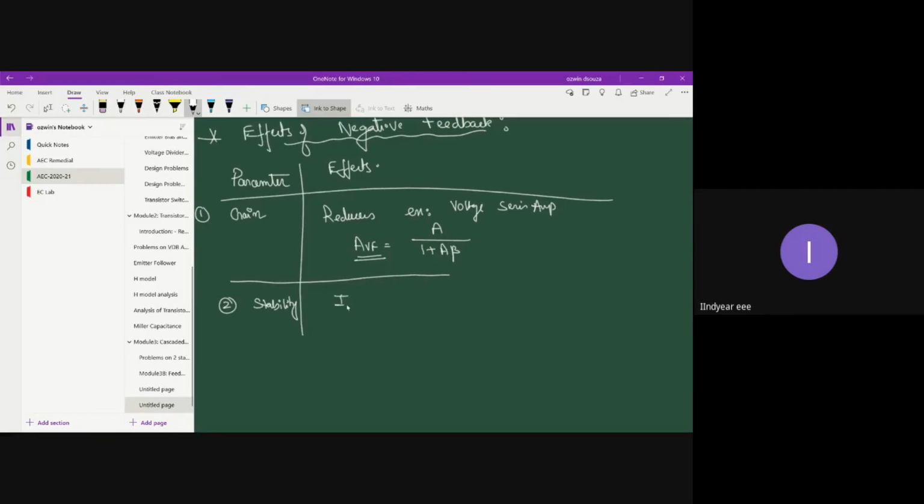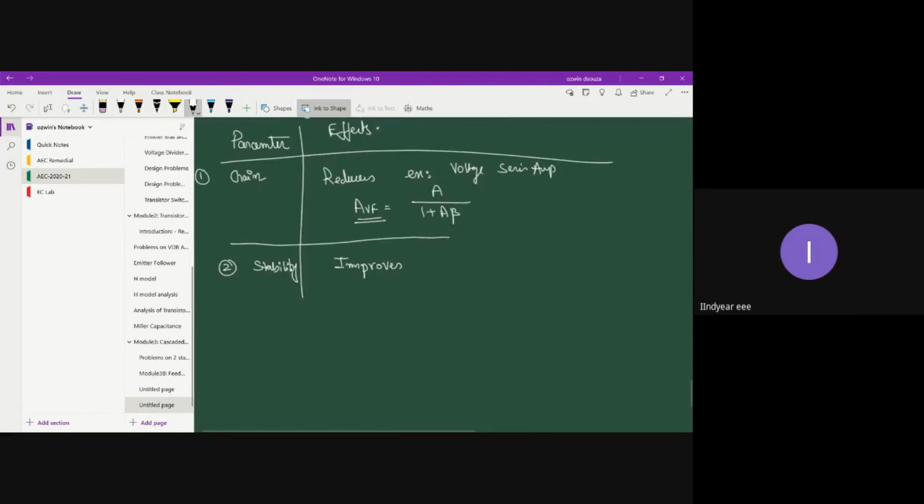So stability improves. The negative feedback improves the stability, and I have given you a real-time example also of an air conditioning system. The air conditioning system basically talks about a closed loop or stable system. So stability gets improved due to negative feedback, and then you have frequency response.